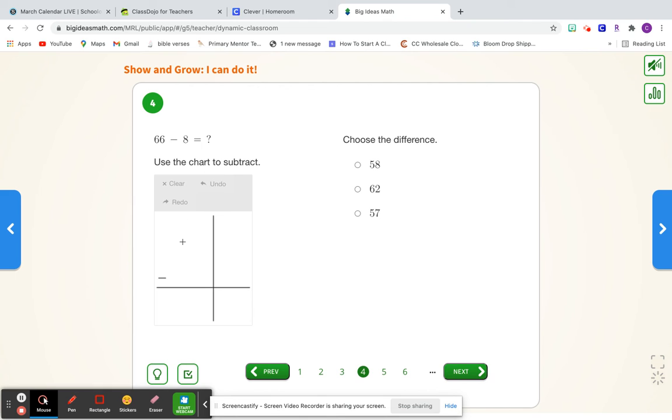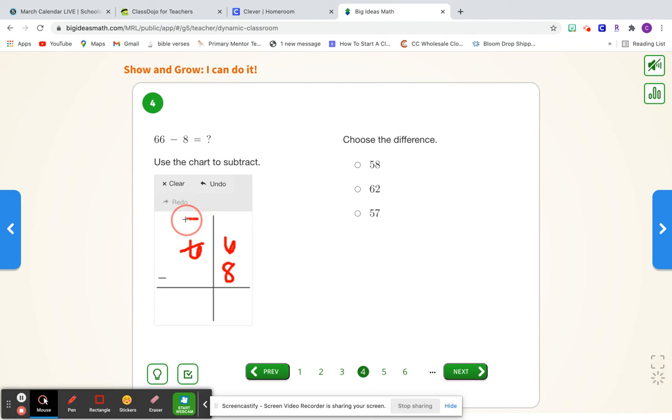All right, for this one, it did not give us the boxes, but we still have to be able to subtract them. So we have 66 minus 8. 6 minus 8 we cannot do. And remember, with subtraction, you always start subtracting your ones first. Don't start with your tens. Start with your ones first. So we're going to get rid of this 6.